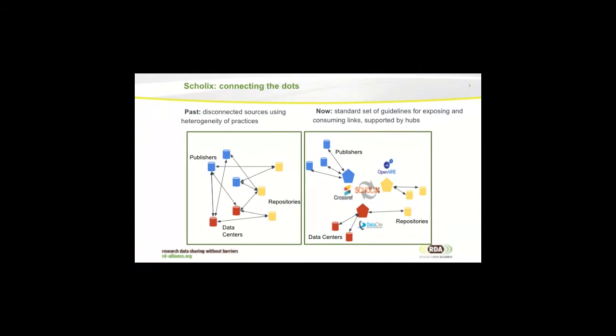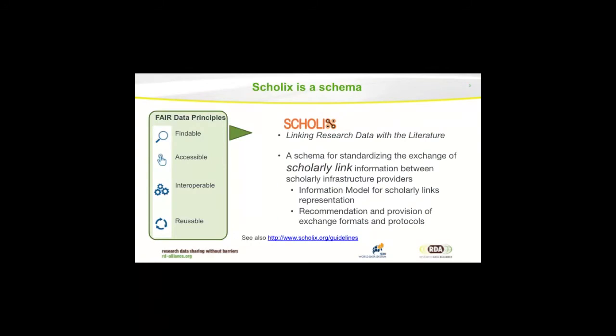There were differences inherent in these agreements, limited interoperability between the various solutions, and that was fueling inefficiencies and limiting the value of how this information was able to be used and reused across the scholarly ecosystem. So working towards a standard set of guidelines and hubs that collect and disseminate this information is a much more efficient way of working and sharing the information.